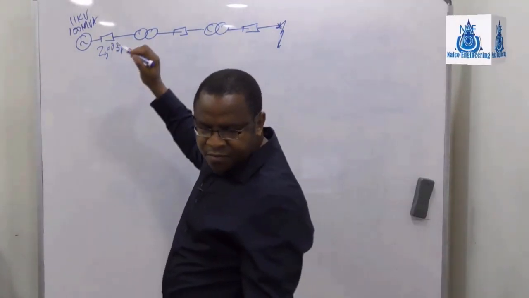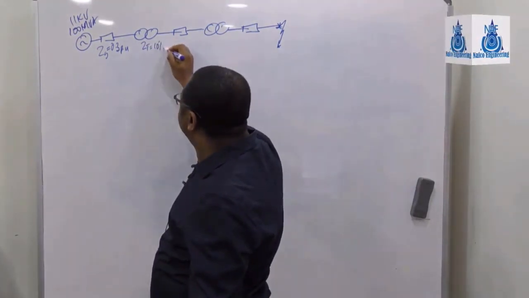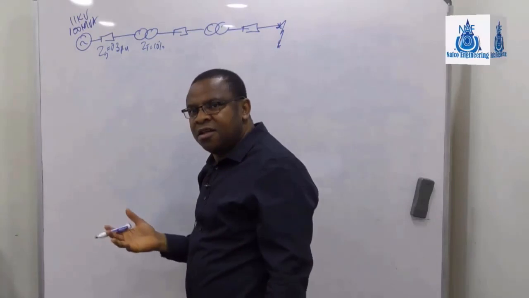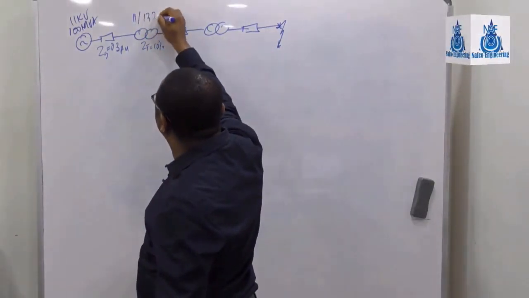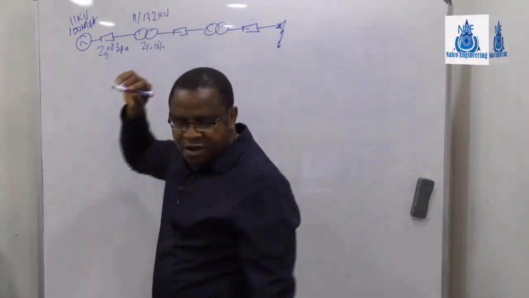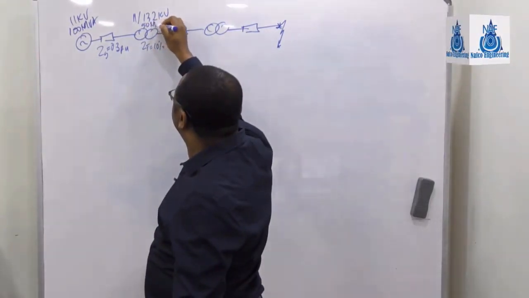And this is Z of the transformer. The Z is 10%, which is 0.1 per unit. And this is 11/132 kV. And it's a 50 MVA transformer.